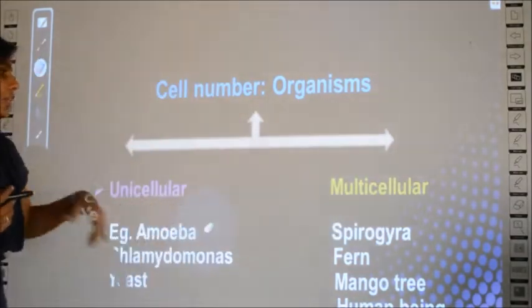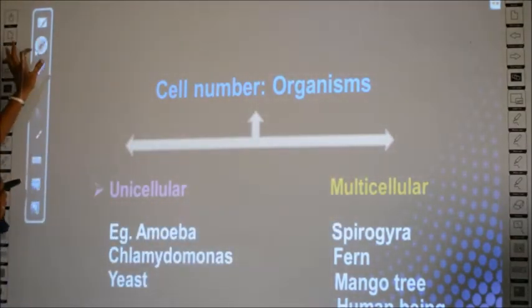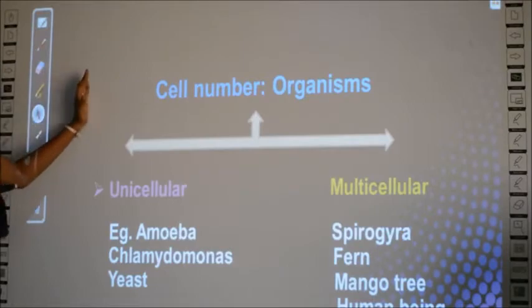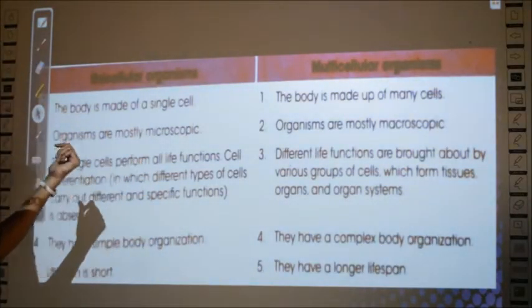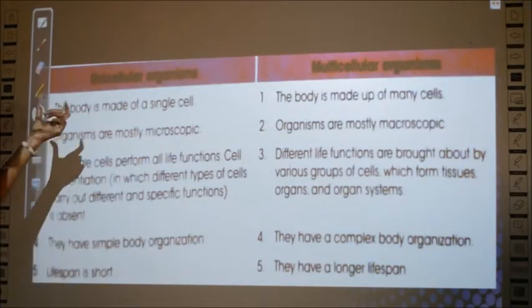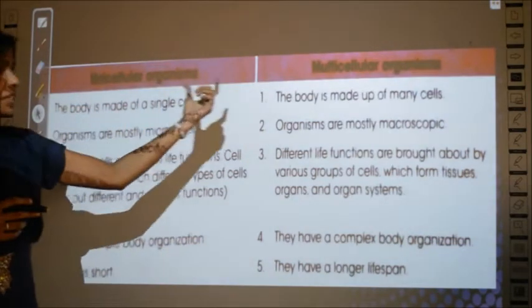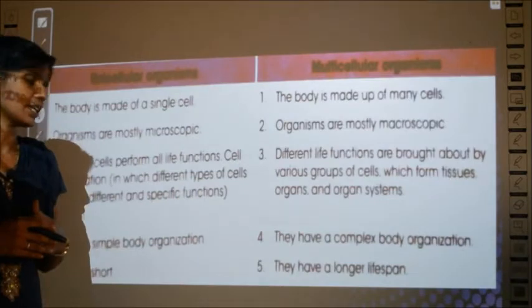Next we learn about the differences between unicellular and multicellular organisms. So this table you have in your textbook. This is unicellular organisms and this is multicellular organisms. Okay.